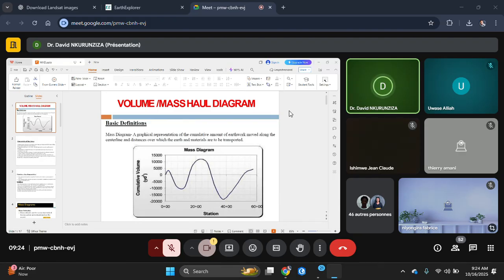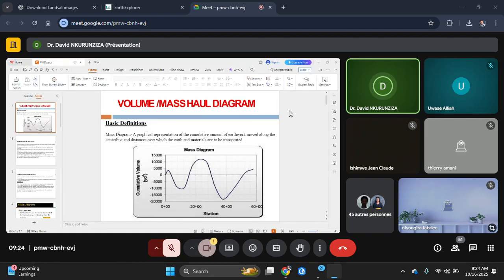Of course, the mass haul diagram will be showing you the materials that will be moved and also the distance that is involved. And it will help you, for example, in planning earthwork, in estimating the costs, and optimizing the distribution of soil.